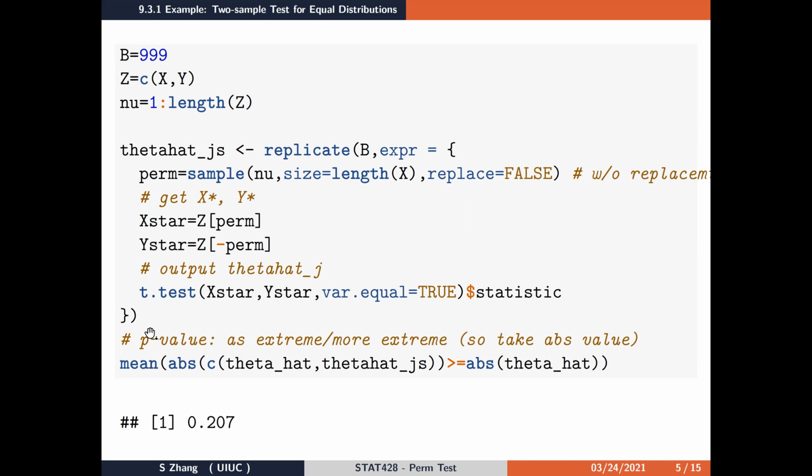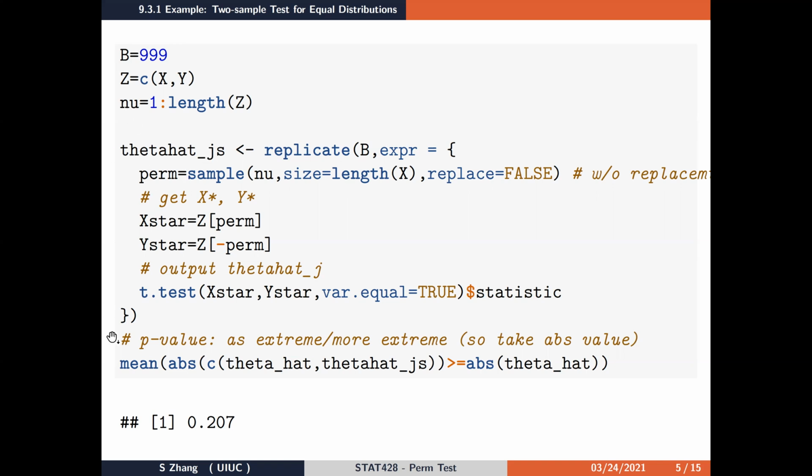Then we can compute the p-value as follows. We know that in this case, we want to do a two-sided t-test. So our t-statistics on either side are going to be considered. We will look at what is the probability of observing something as extreme or more extreme than the observed theta hat.